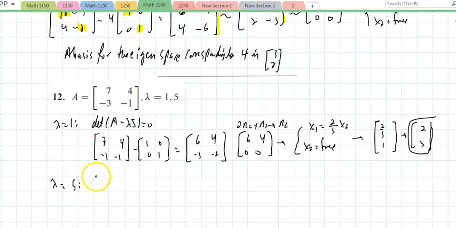Again, you would take A minus lambda I, and that would be 7 minus 5 is a 2, 0, negative 3 minus 1 minus 5 is a negative 6.